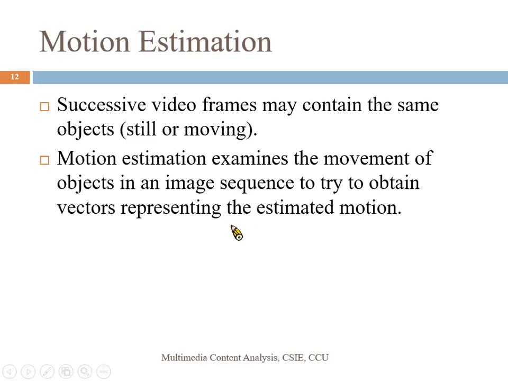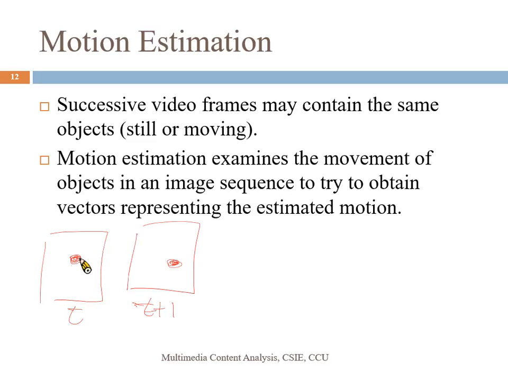So motion information is also very important in video data compression, because we can expect that in 2 successive video frames, these 2 frames would be very similar, and the only difference between them would be the appearance of the moving object. For example, if there is a moving object here at time t, and at time t plus 1, this object may move to here.